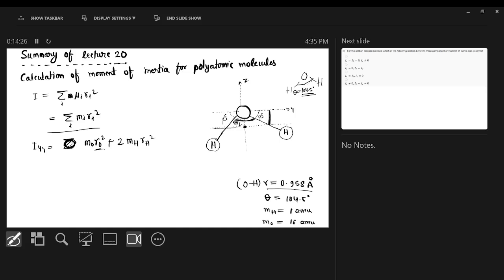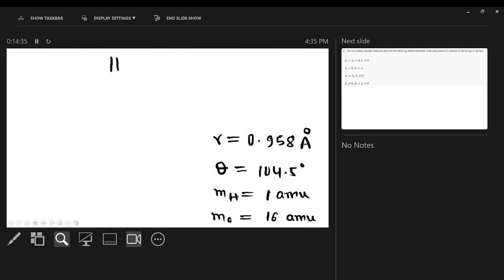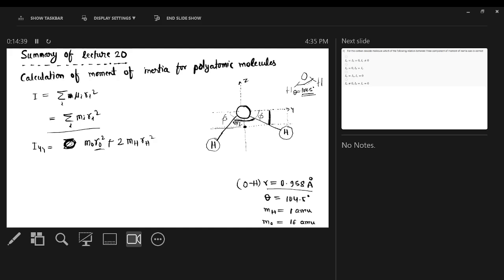So we can calculate this distance: sine phi is this length, so I will write here R_H, the OH bond distance, and we can substitute this value here. Similarly, you can calculate along the y-axis or z-axis.